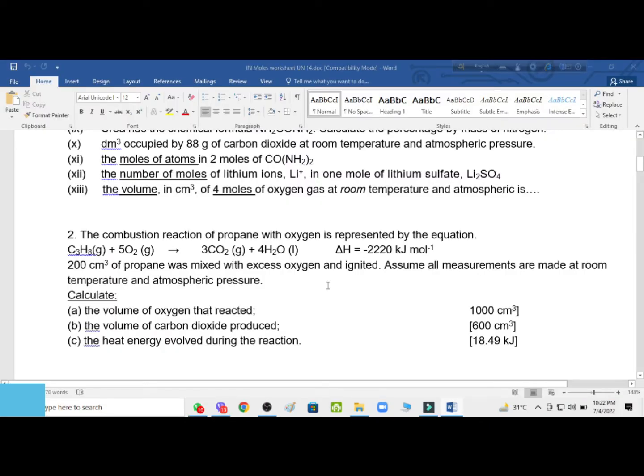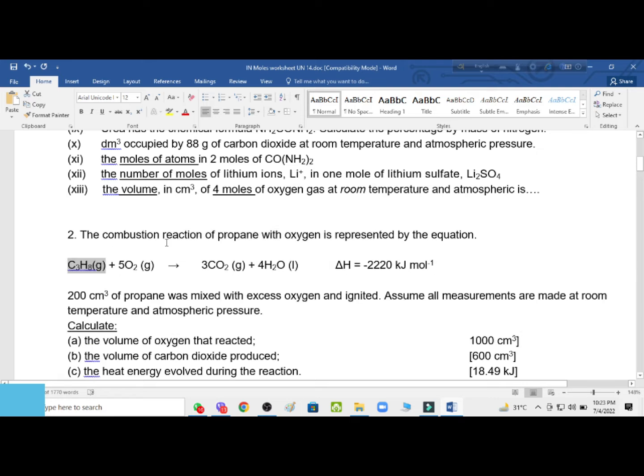So this is the second question, number 2. The combustion reaction of propane with oxygen is represented by the equation. Here you see the equation. This compound has a name. It's propane. It says propane burns in oxygen to give carbon dioxide and water.